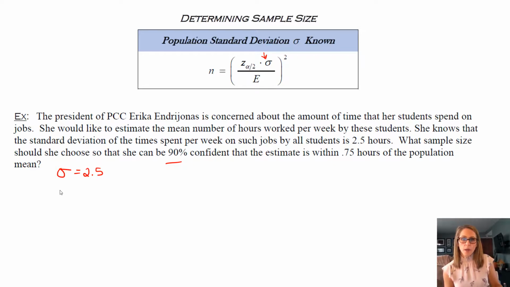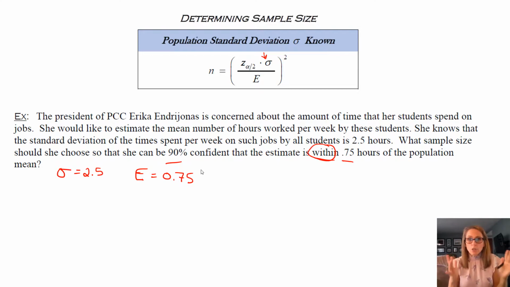We have the within words, so within 0.75. Anytime you see within, it should make you think error, because that's a very common word for error. We want to be within 0.75 hours of the true population mean.